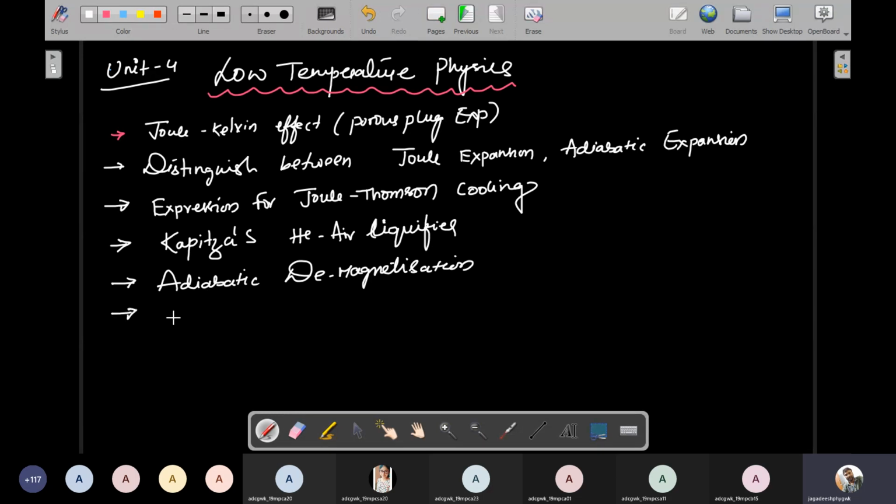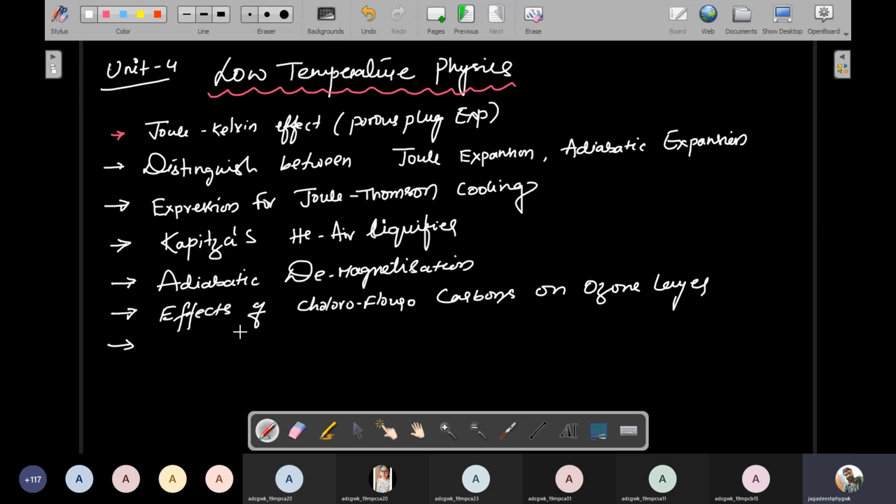And the next topic is the effects of chlorofluorocarbons on the ozone layer, and the properties of substances at low temperature.